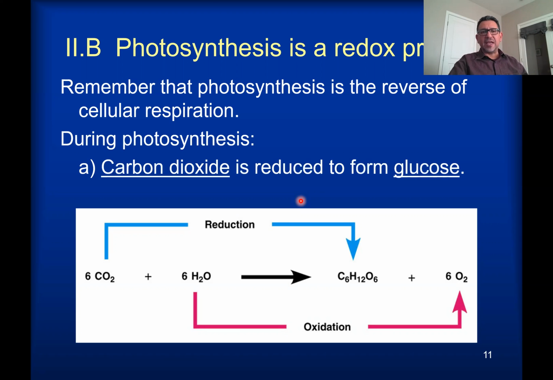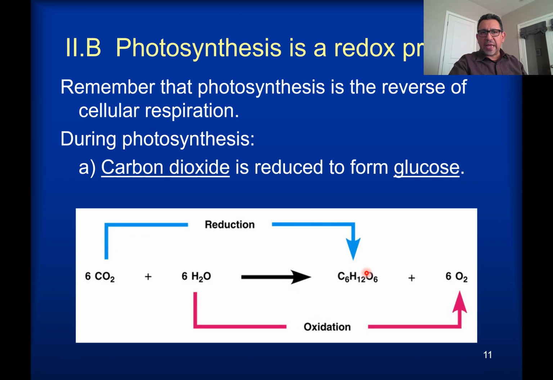What happens exactly with photosynthesis is that carbon dioxide is reduced. Carbon dioxide gains electrons and hydrogen ions, and it becomes glucose. So you can say that carbon dioxide is reduced to form glucose.